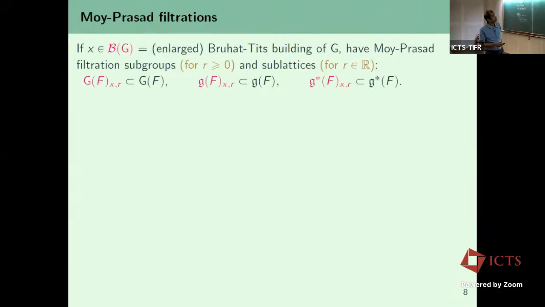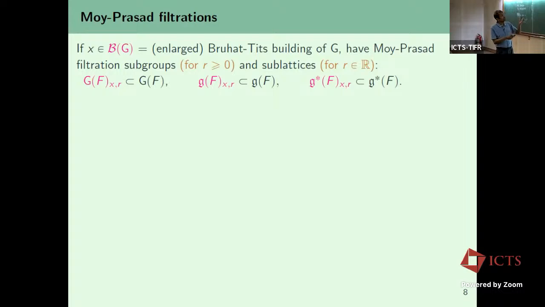Okay. So now let us discuss compact open subgroups of G and open neighborhoods of G of F. If x belongs to the enlarged Bruhat-Tits building of G, yesterday we saw that we have the parahoric subgroup associated to x. You can think of the parahoric subgroup as G(F)_{x,0}.